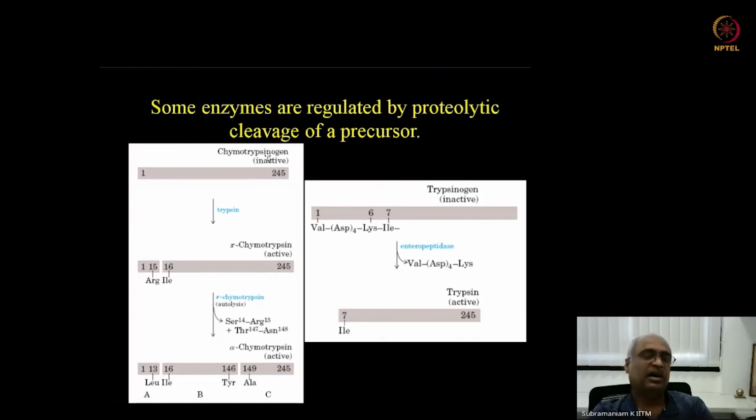Once it is cleaved by an active version of the same enzyme in this particular case, so you have these 15 amino acids removed, then you have further cleavages, and finally you have the active enzyme trypsin.